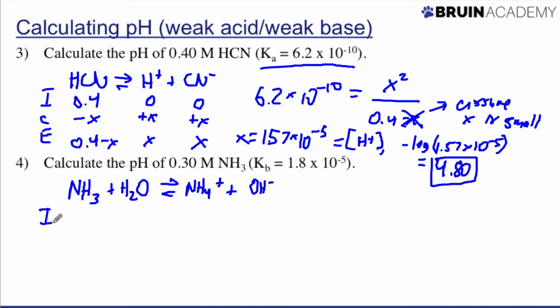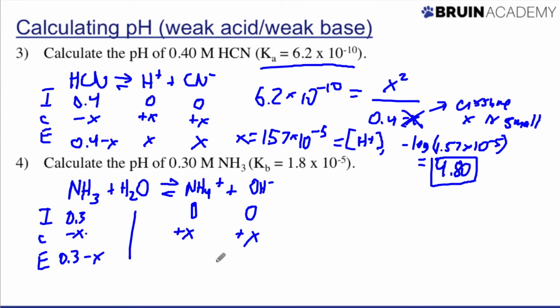Then we do our ice table. We know that we start with 0.3 molar of NH3. I don't have to take care of the H2O because there's no concentration associated with it. 0 and 0 for the NH4 and OH minus, minus x, plus x, plus x. And so I fill in my equilibrium concentrations, write my expression for the equilibrium constant, which is 1.8 times 10 to the negative 5, is equal to x squared all over 0.3 minus x.